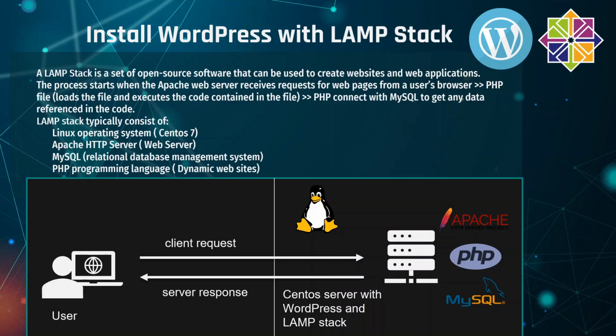This type of system, the LAMP stack, is good for small to medium size use or businesses. LAMP is short for L for Linux, A for Apache, M for MySQL, and P for the PHP programming language.